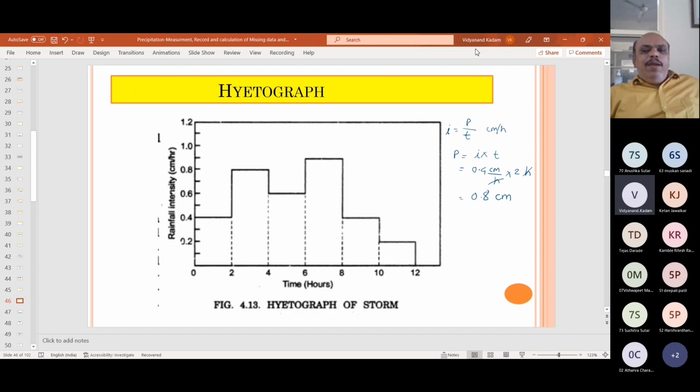And if precipitation and time are known, we can find out intensity. We can go reverse also.